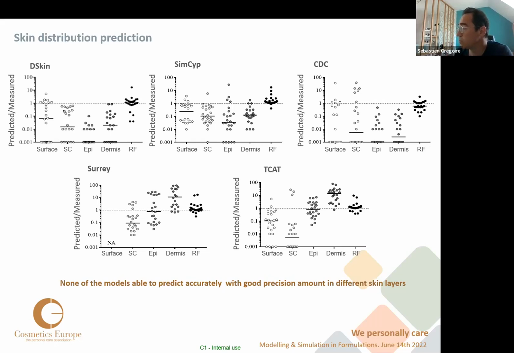The TCAT model, which provides the best correlation for the dermal delivery, shows that the amount in the dermis is largely overestimated, whereas the amount in the stratum corneum is largely underestimated, and in the epidermis the mean is around 1, but the individual values are spread quite largely around this mean value. So none of the models is able to predict accurately, with good precision, the amount in the different skin layers.